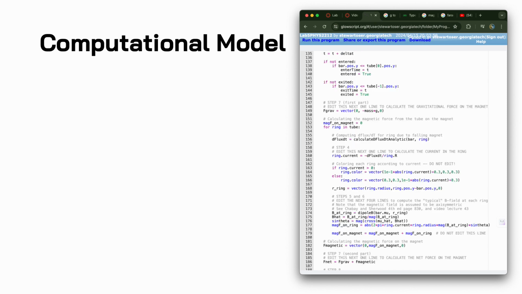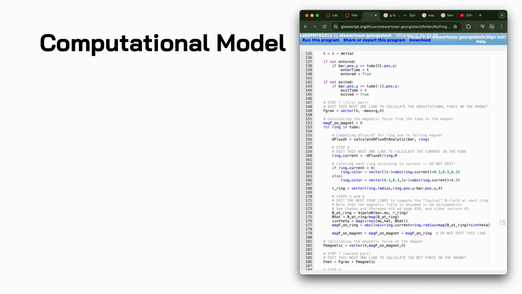So then the force of gravity is negative mg in the y-hat direction. And then we calculate the current, using Faraday's law, to be negative d flux dt over the ring.r. Then we find the field at the location using dipole B, take the hat of that vector, find the angle between mu and our magnetic field, and then we calculate the force on the ring, which is the absolute value of 2 pi times the current times the radius times the magnitude of B times the sine theta.